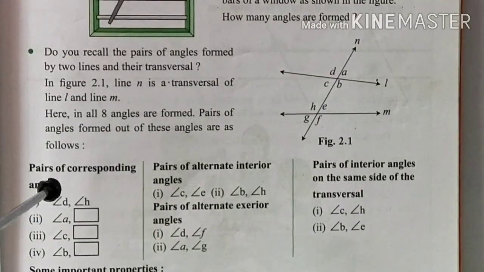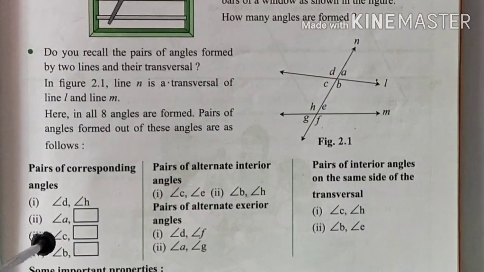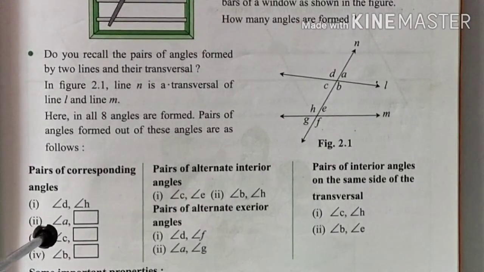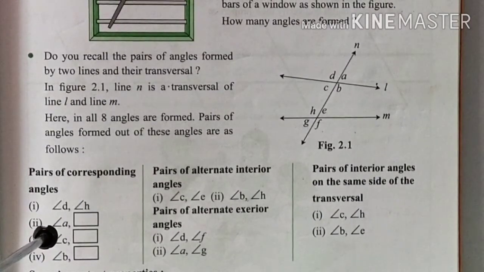According to that, now we have to name three more pairs of corresponding angles.